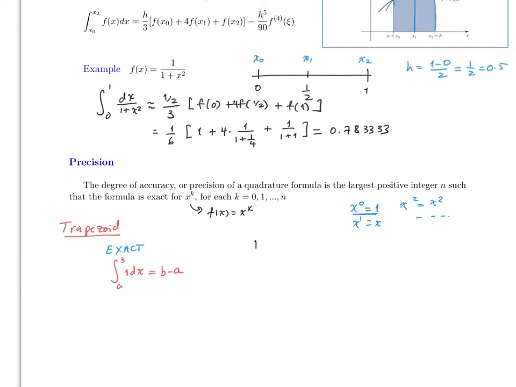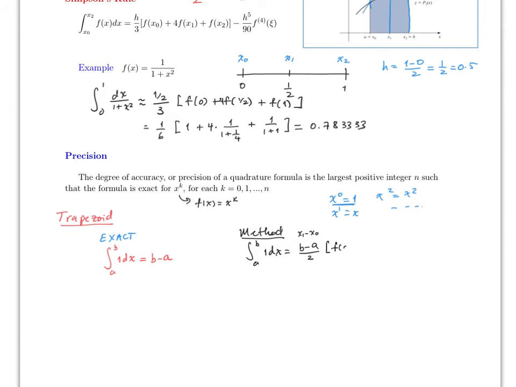And if we look at the trapezoid method, integrating from a to b of 1 dx, this will be b minus a, which is x1 minus x0, divided by 2 times f of a plus f of b. But remember, for this particular case, f of x is equal to 1.